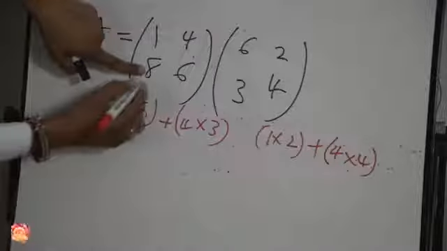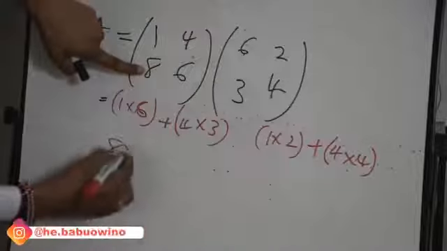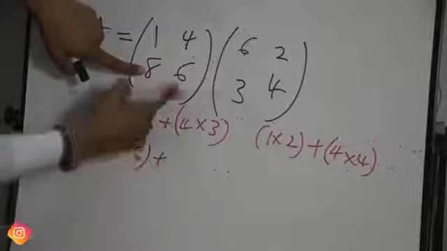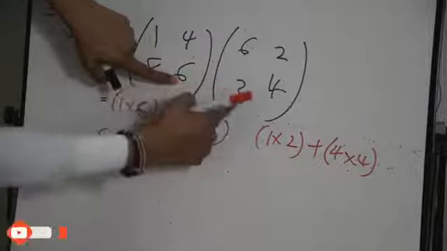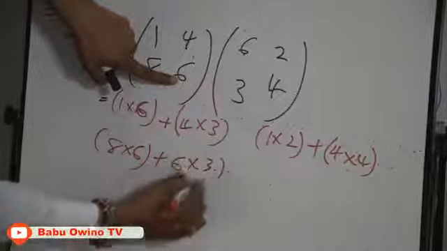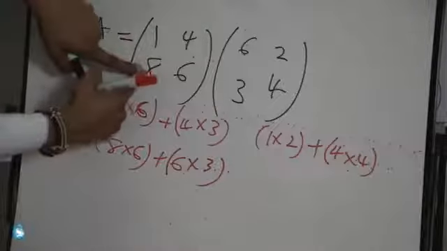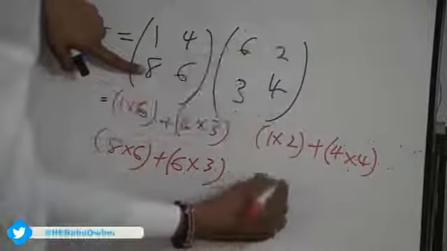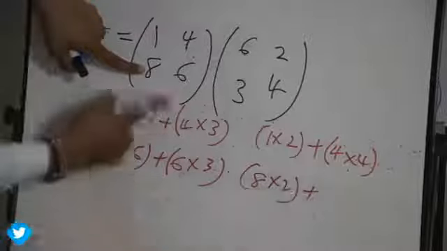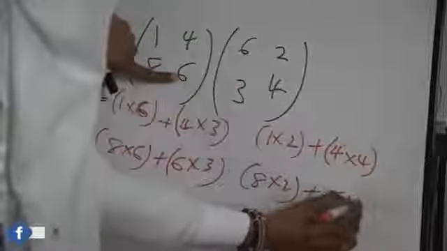The next one is 8 by 6 plus 6 by 3. Next is 8 by 2 plus 6 by 4.